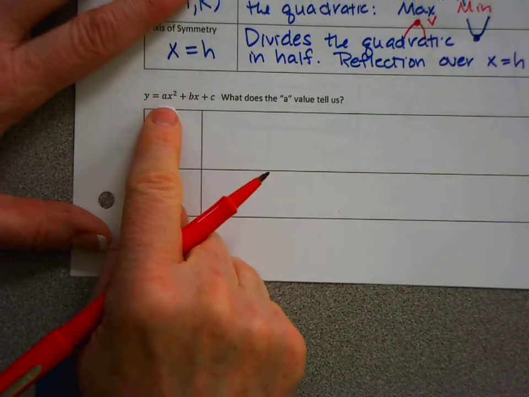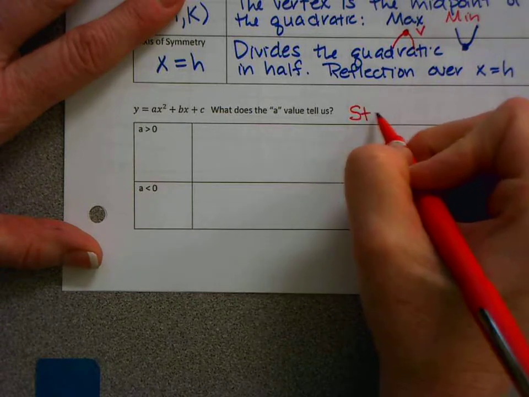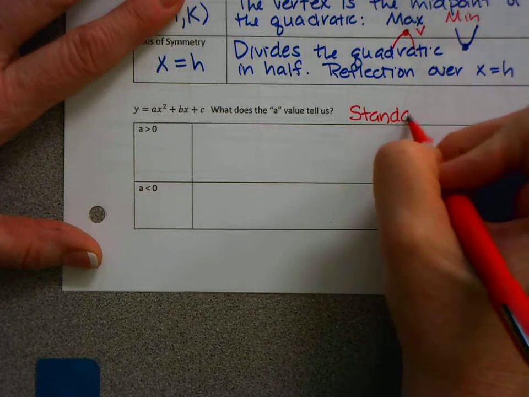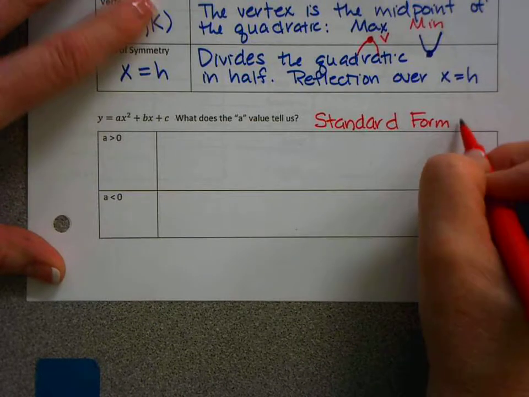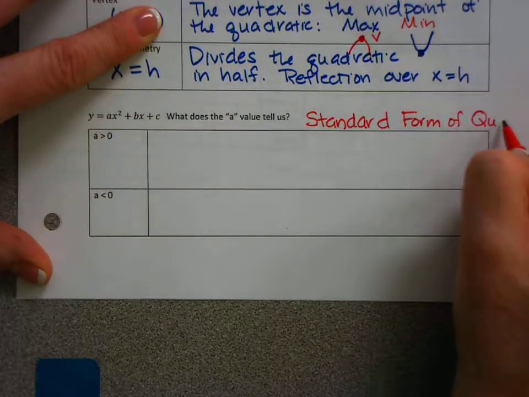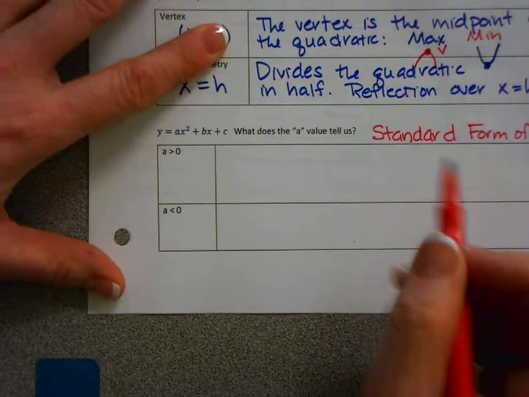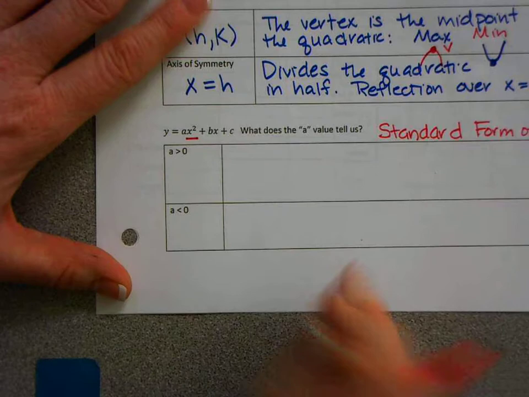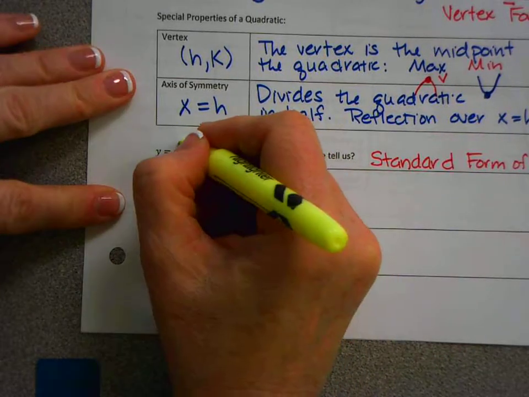But right down here in our notes, y equals ax squared plus bx plus c is called standard form. There is a third one coming down the pike. We know it's a quadratic because it's x squared. That's the key feature of quadratics.